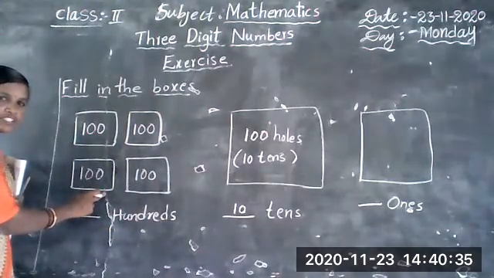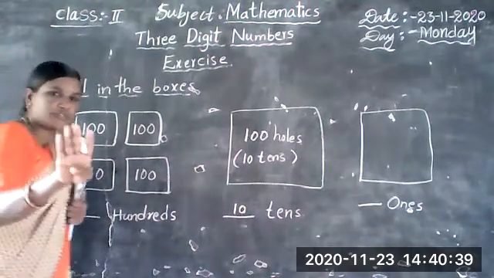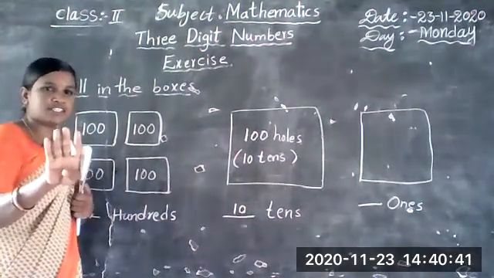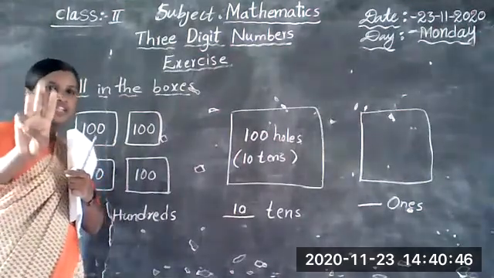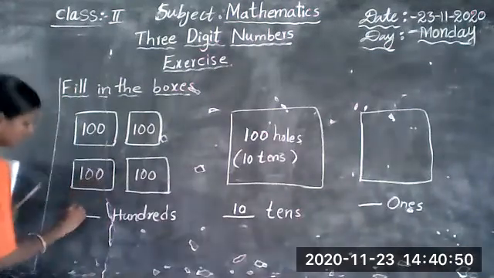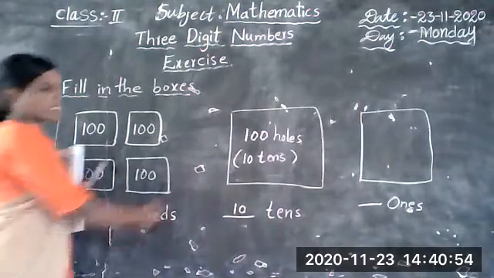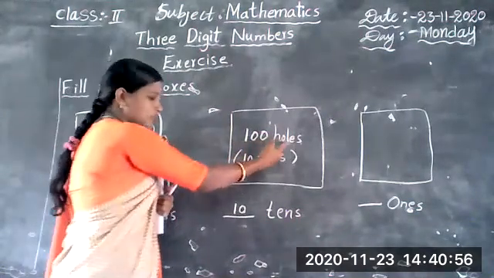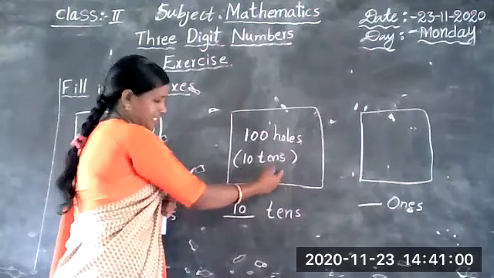Show with your fingers. 4 hundreds. It means 4 cards are there, no? 1, 2, 3, 4. So 4 hundreds. Next, here are the 100 holes. It means 10 tens.